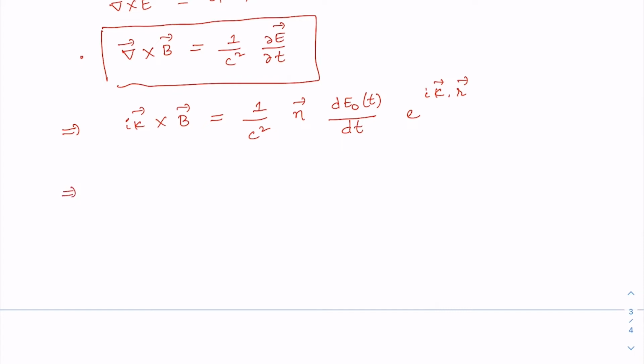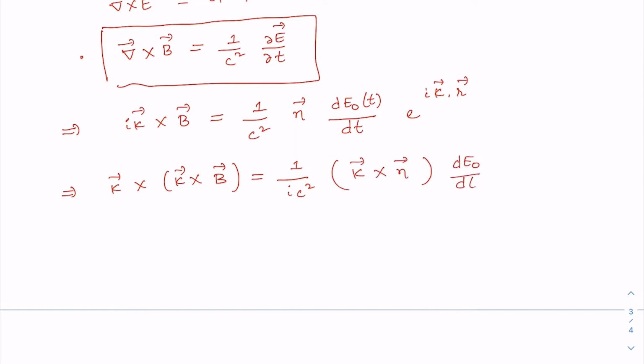Now let me take the cross product on both sides by k cross B. Let me take i to the other side. Then I have 1 by i c square, k cross eta cap, and dE0 dt, e to the power i k dot r.